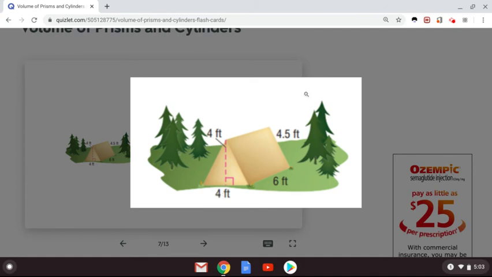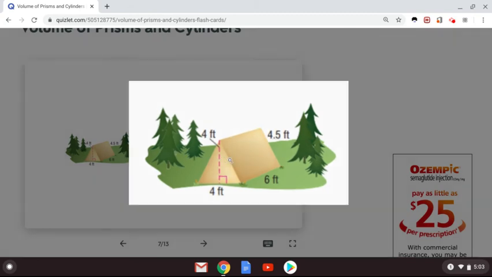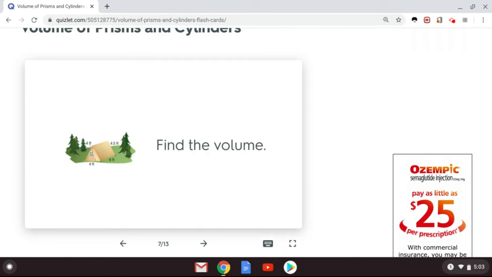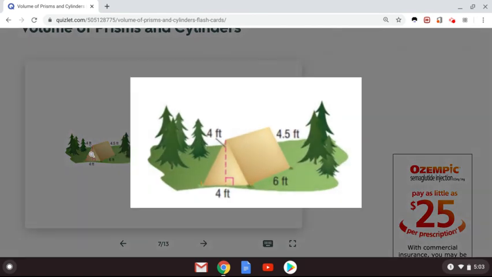So you would go ahead and multiply all these out to find the volume. What are they looking for, to find the volume. Okay.